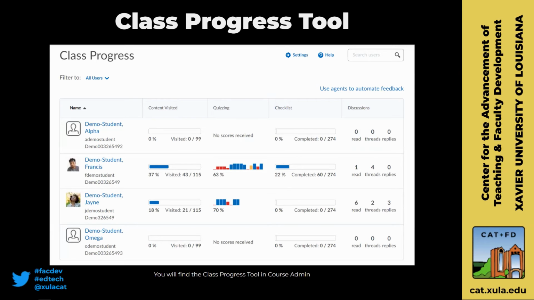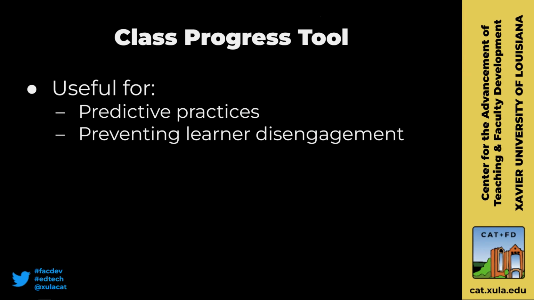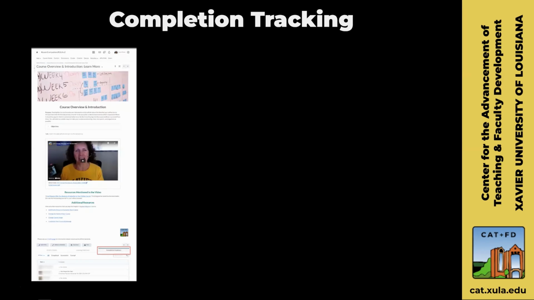It's called Class Progress. As I said, it's useful for predictive practices and preventing learner disengagement. You can look at what students are engaging with and where you need to make some adjustments.